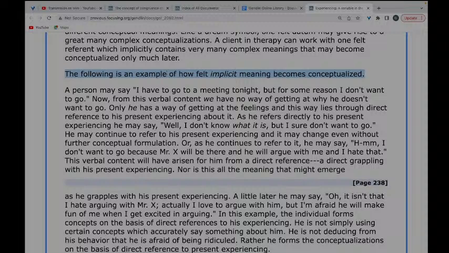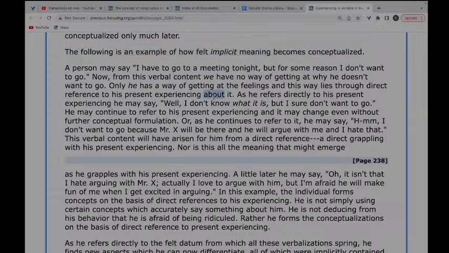The following is an example of how felt implicit meaning becomes conceptualized. A person may say, I have to go to a meeting tonight, but for some reason, I don't want to go. Now, from this verbal content, we have no way of getting at why he doesn't want to go.